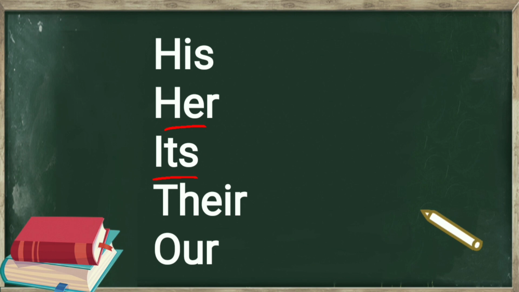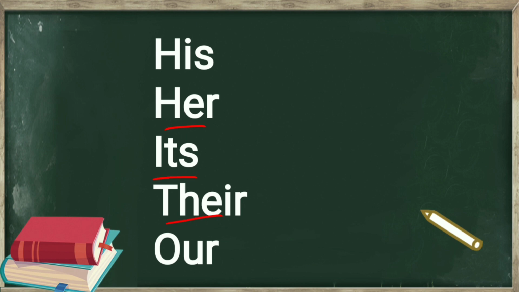If the beak belongs to a parrot, we use the word its. Its beak. Whose beak is it? It is the parrot's. So we use the word its beak. Table's leg. Whose leg is it? Table. Table is a thing. So we use the word its leg.